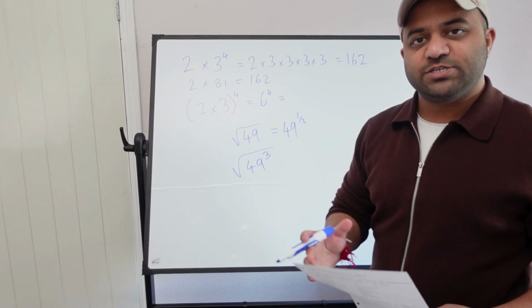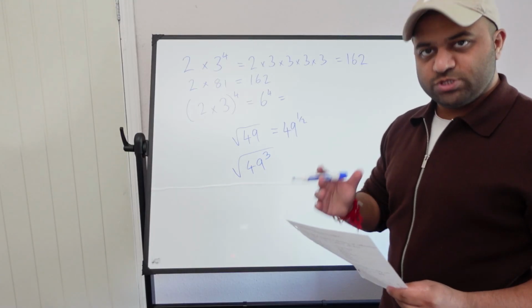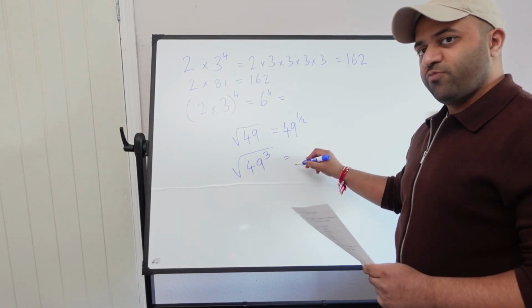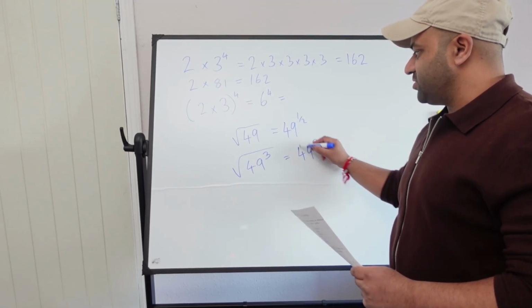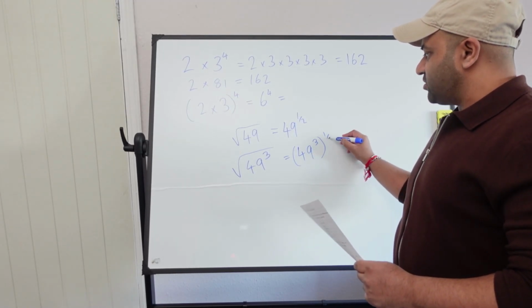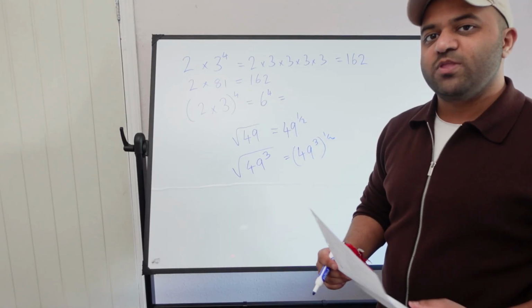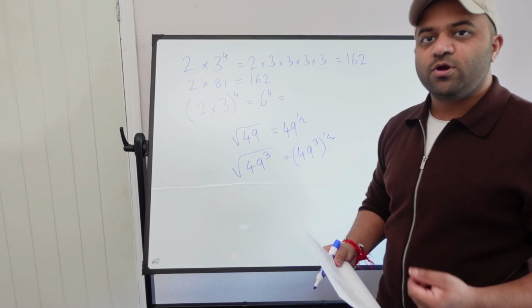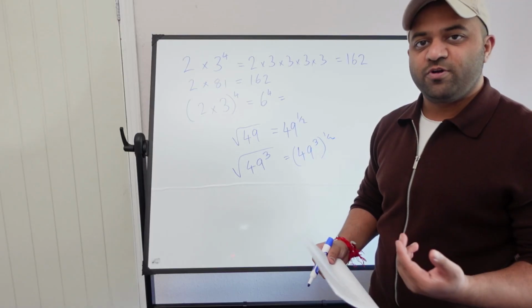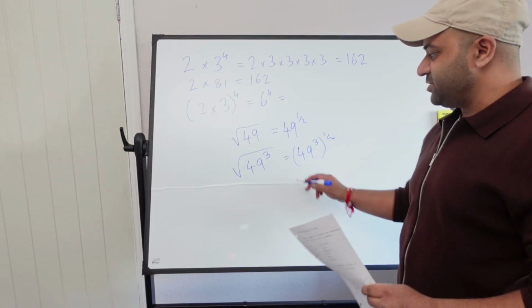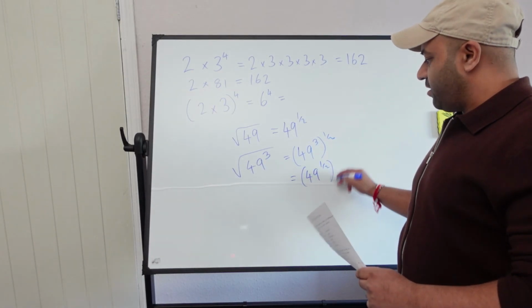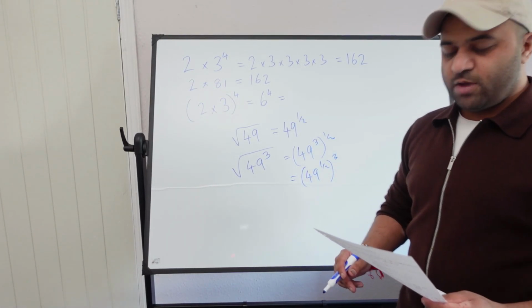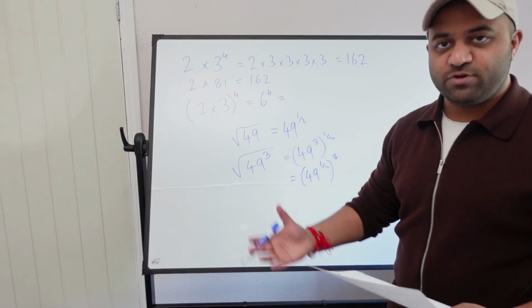Well, if we change this into powers with the square roots, we should remember, using our laws of indices, that this could be written as 49 to the power of 3 raised to the power of 1/2, which we can then swap the order of, using our laws of indices, and instead do the square root first, and then cube the result, in which case we would end up with 7 cubed, which we know is 343.